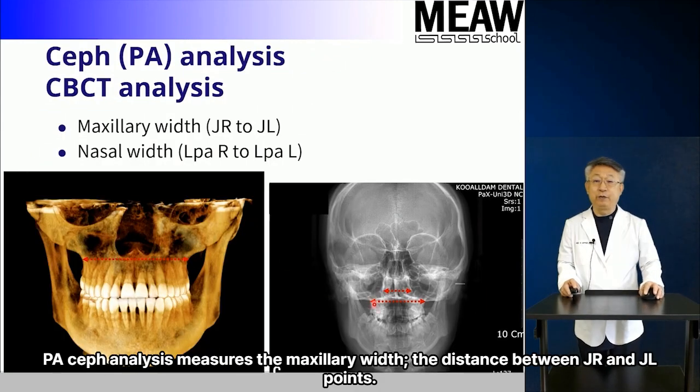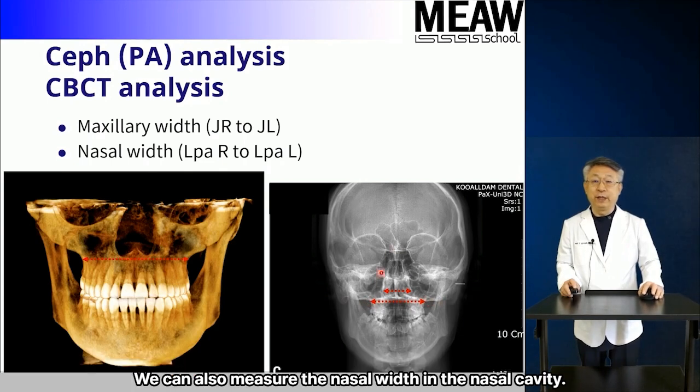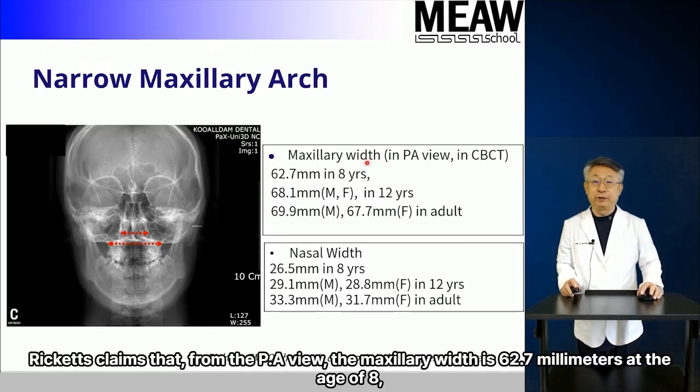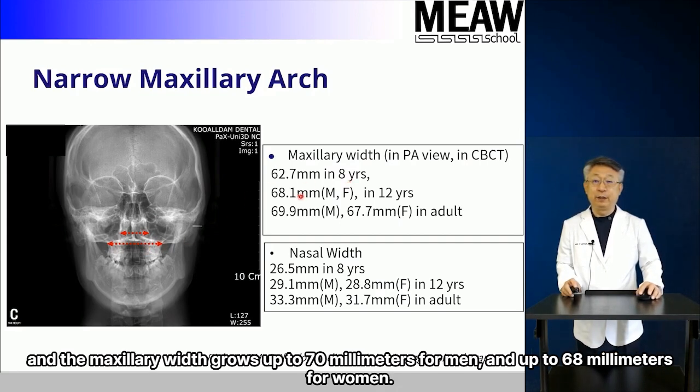PA-CEF analysis measures the maxillary width, the distance between JR and JL points. We can also measure the nasal width in the nasal cavity. Ricketts claims that from the PA view, the maxillary width is 62.7 millimeters at the age of 8, and the maxillary width grows up to 70 millimeters for men and up to 68 millimeters for women.